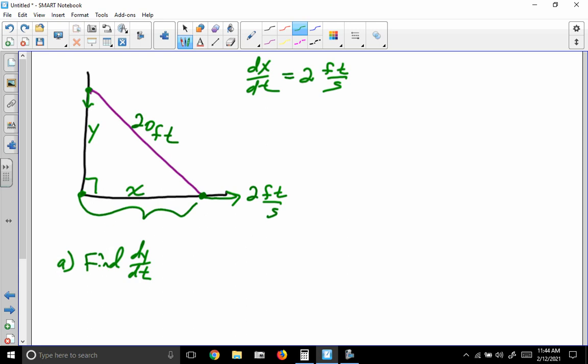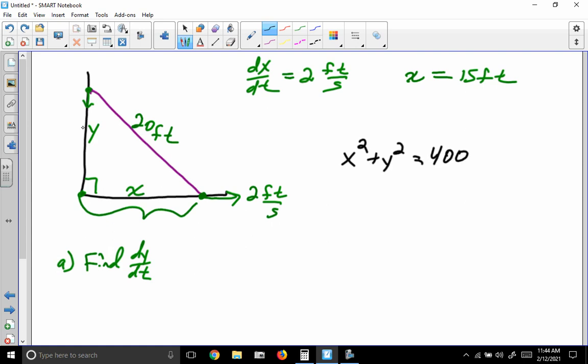Now we're going to need a specific moment to analyze. So let's look at when x is 15 feet, when the bottom of the ladder is 15 feet from the wall. All right, so we're wanting to compare dx/dt and dy/dt, so we need an equation that relates x and y. So x squared plus y squared equals the hypotenuse squared.